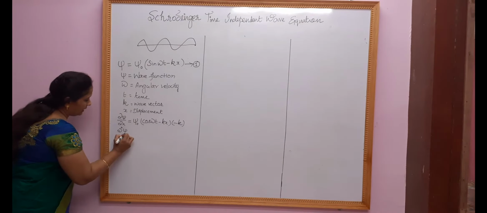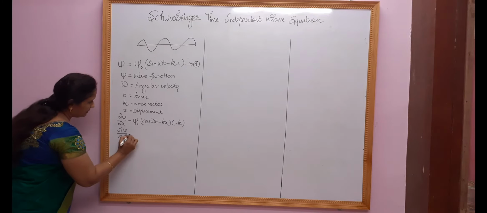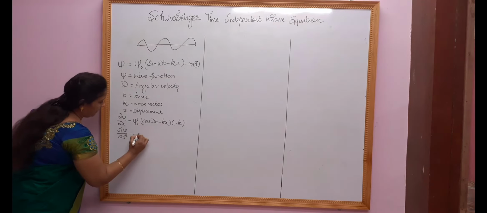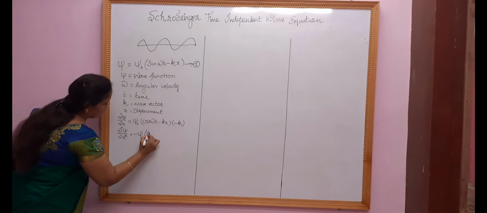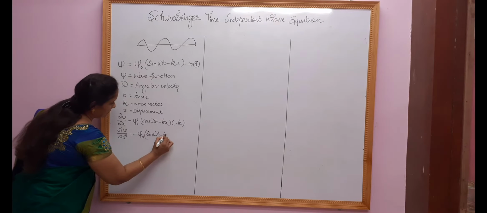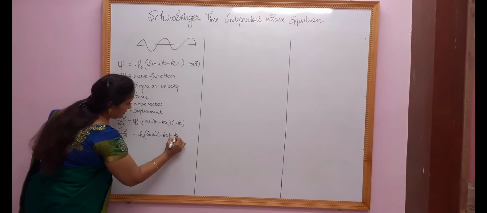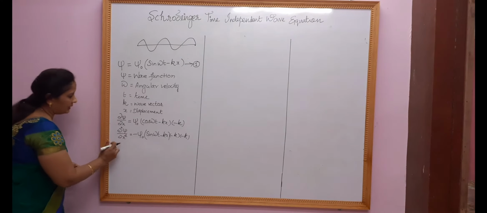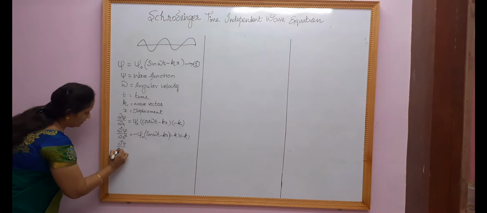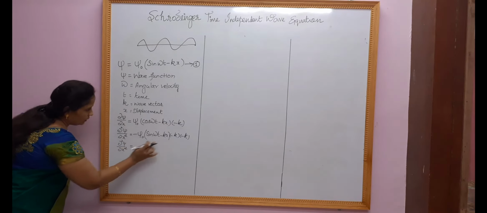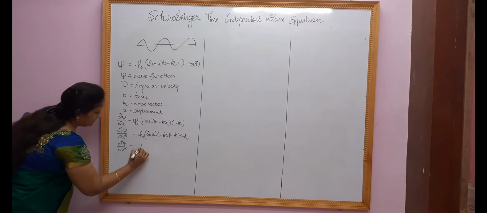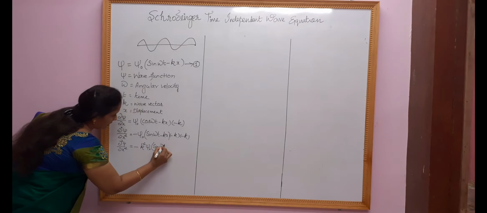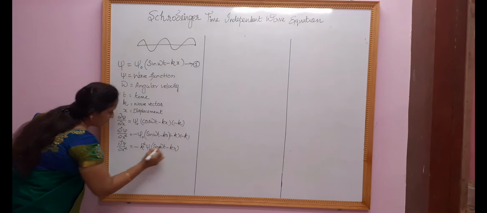So dou square psi by dou x square, cos becomes minus sin, so psi 0 sin(omega t minus kx) into minus k into k. This can be written as dou square psi by dou x square is equal to minus k square psi 0 sin(omega t minus kx).